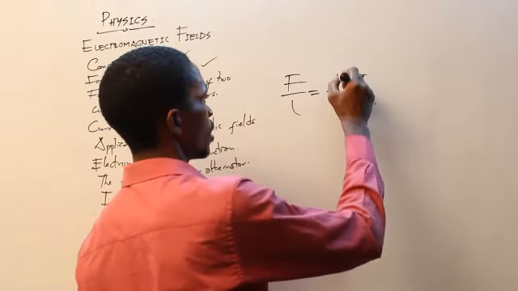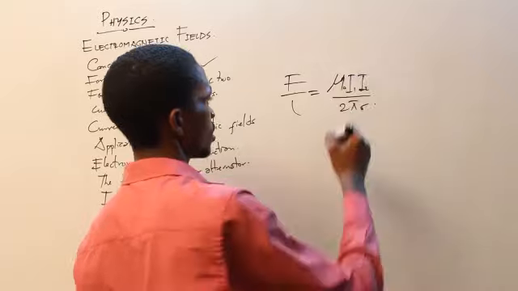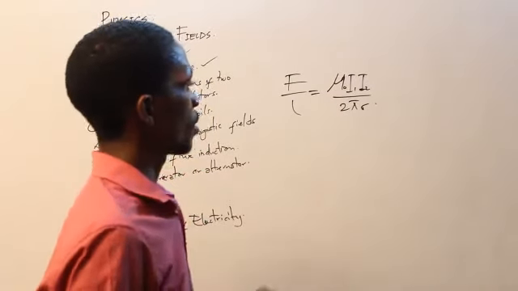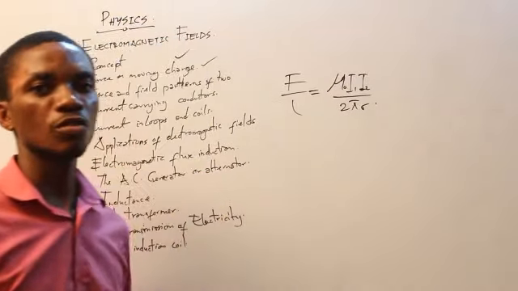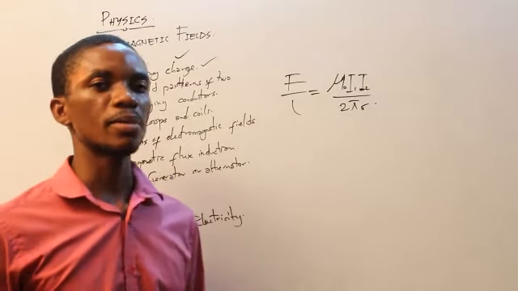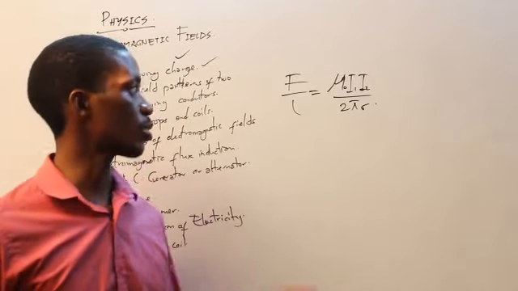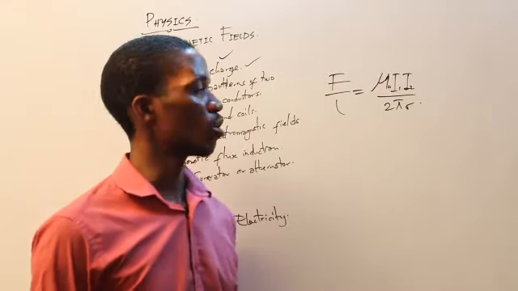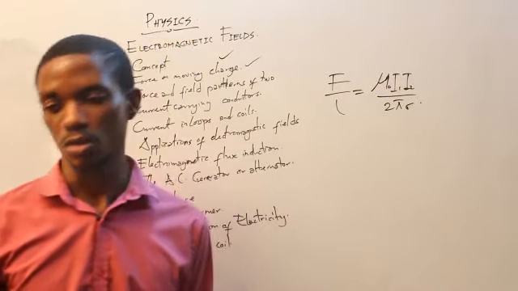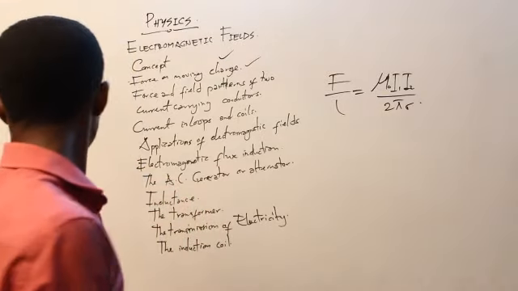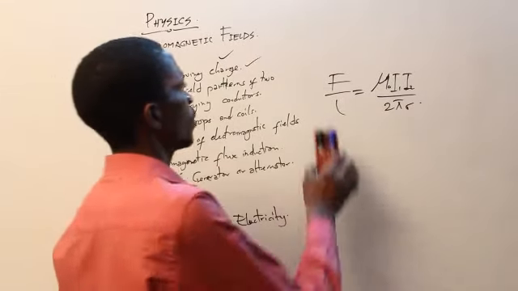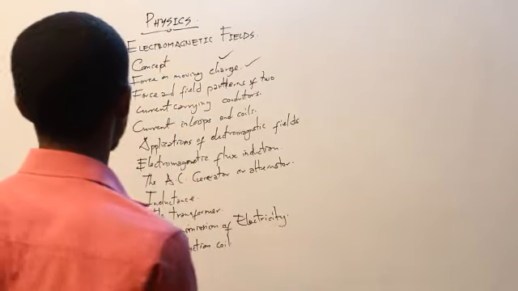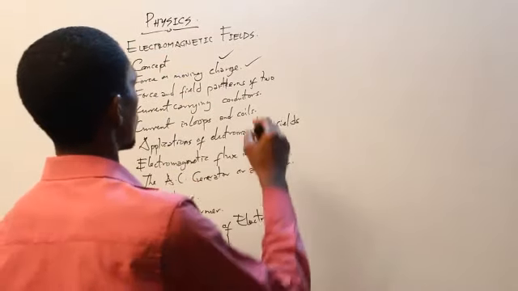Of course, mu here is the permeability of vacuum. That's what our mu there represents. It represents the permeability of vacuum. All right.